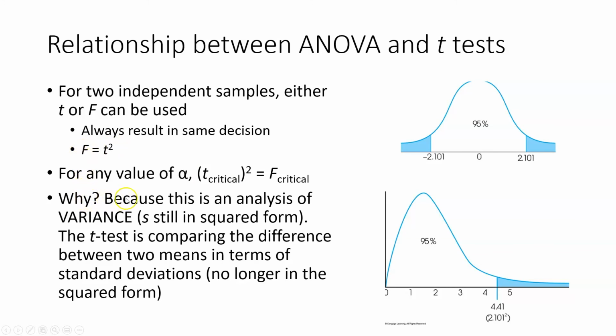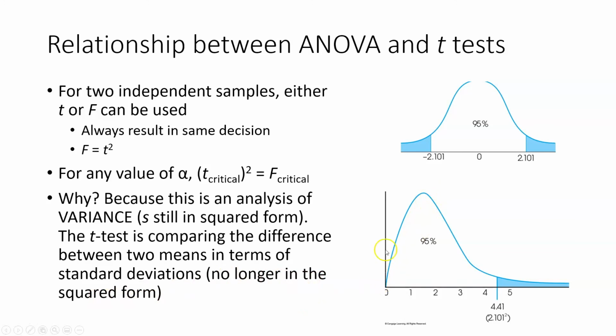And the reason for this is because this is an analysis of variance, the standard deviation still in its squared form. The t-test is comparing the difference between two means in terms of standard deviations, which are no longer in the squared form.